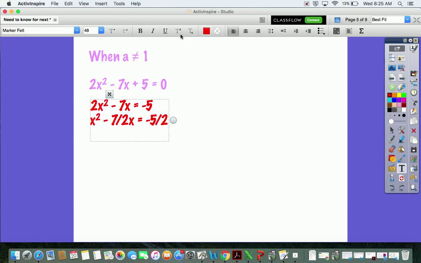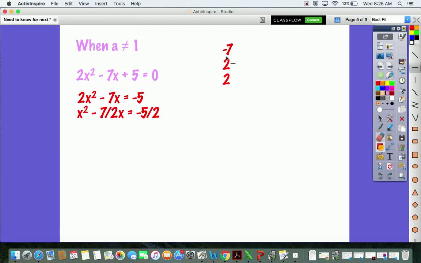So then you go through the process again, and you will complete the square. So our B is a negative 7/2. Now when we take half of that, we are going to have to keep, change, flip.